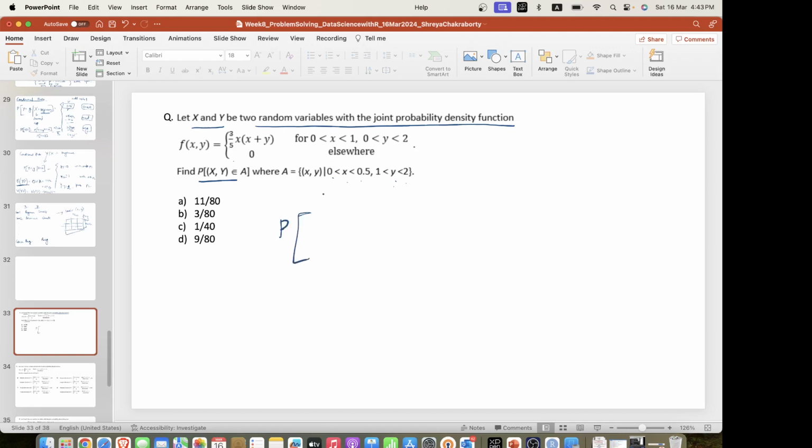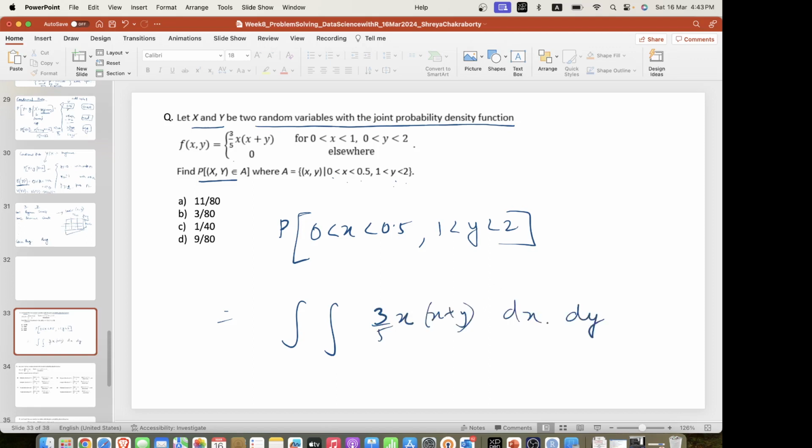So this would be double integration 3 by 5x (x plus y) dx dy, x from 0 to 0.5 and y from 1 to 2.